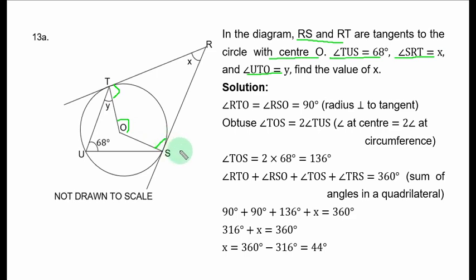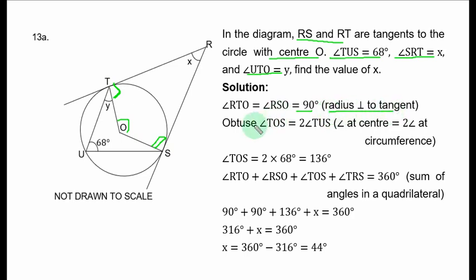Now, angle arrow TO, that is this angle, is equal to this angle, and the value is 90 degrees because arrow T and arrow S, they are tangents. TO and SO are radii. That is radius perpendicular to tangent.